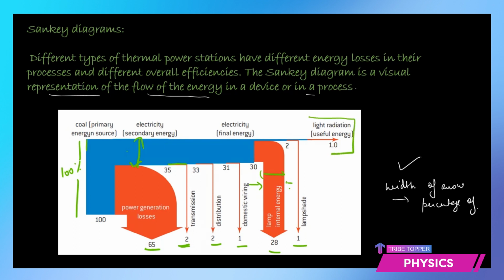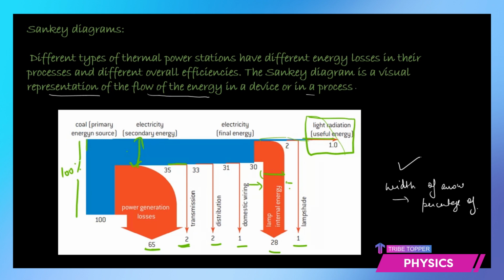Final useful energy is 1%, a thin arrow. So the entire width, which started from this 100%, is giving you just this one thin arrow as an output. Rest all are the power losses that happen. But the width of each arrow corresponds to the percentage of that particular energy loss.